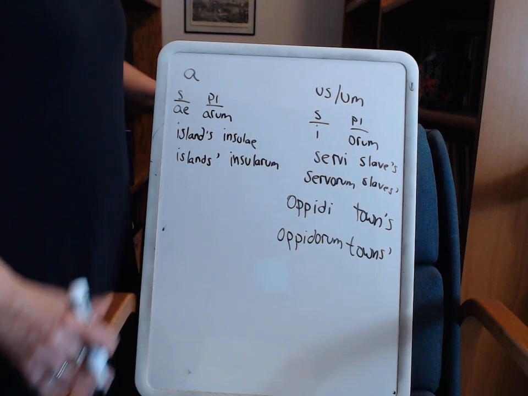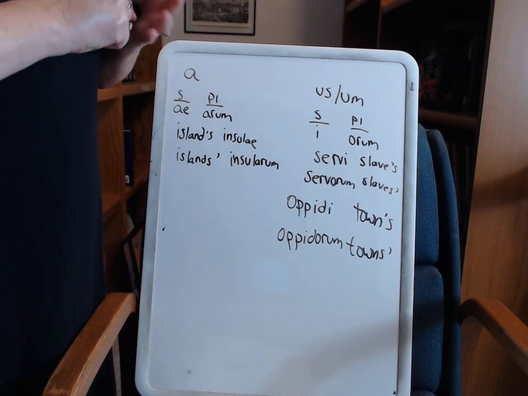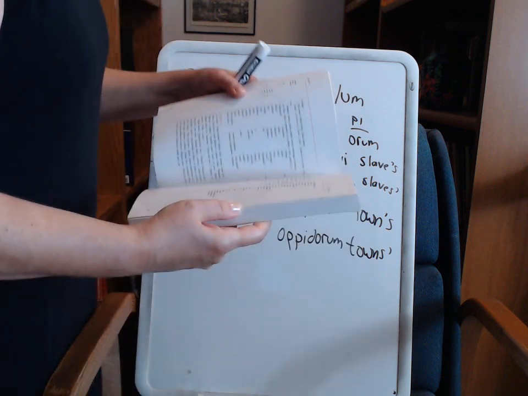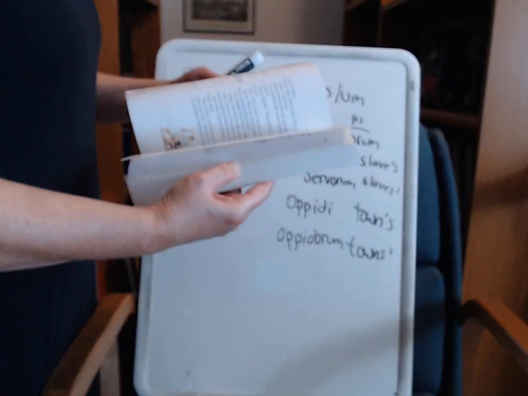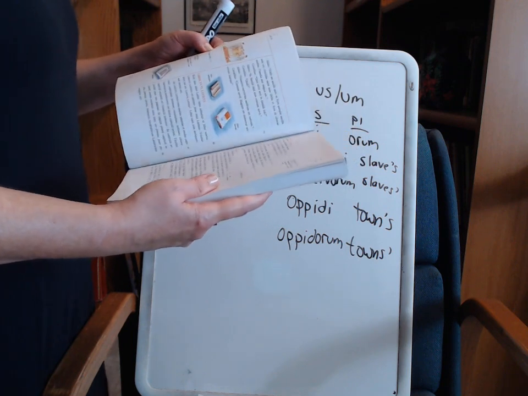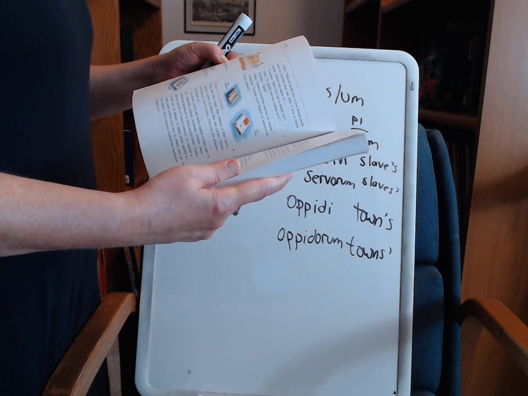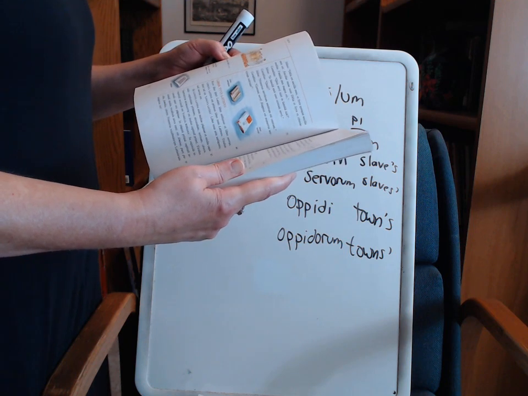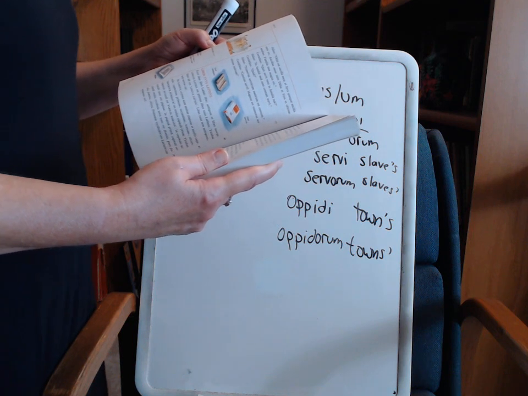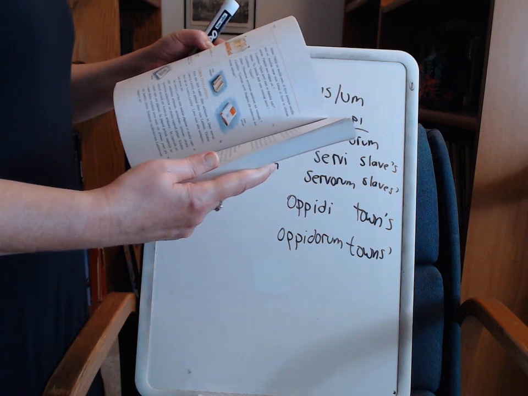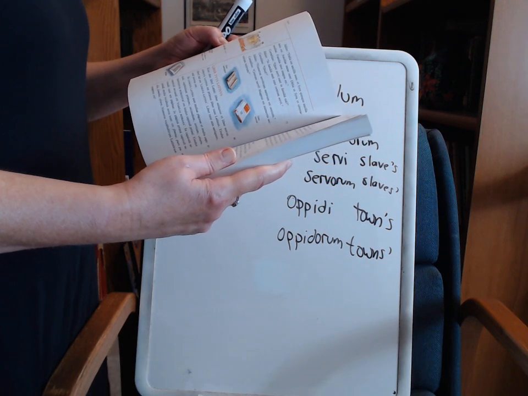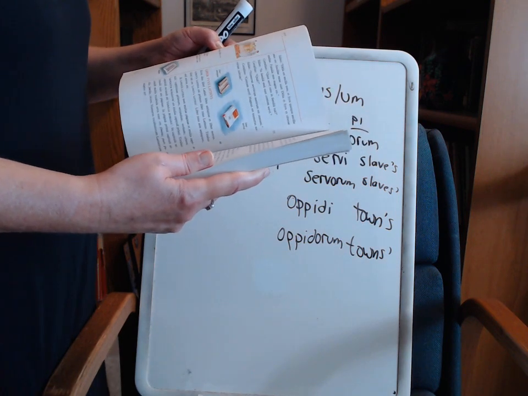All right? If you want to look at more examples, remember that in your book, at the end of chapter 2, on page 17, in the middle of the page, they show you the endings. If you've got your book, you can turn there. We have masculine, feminine, neuter: oppidum, vocabulum.